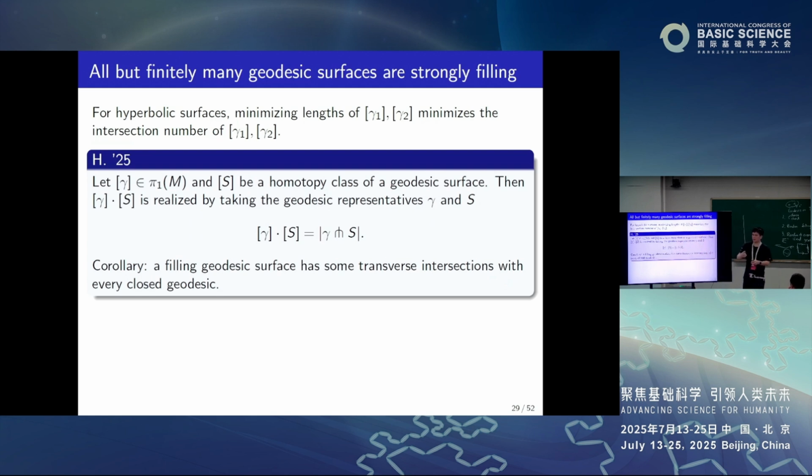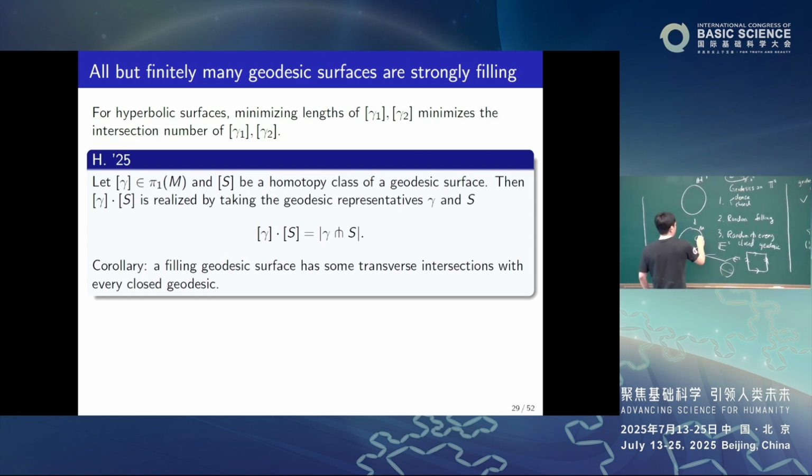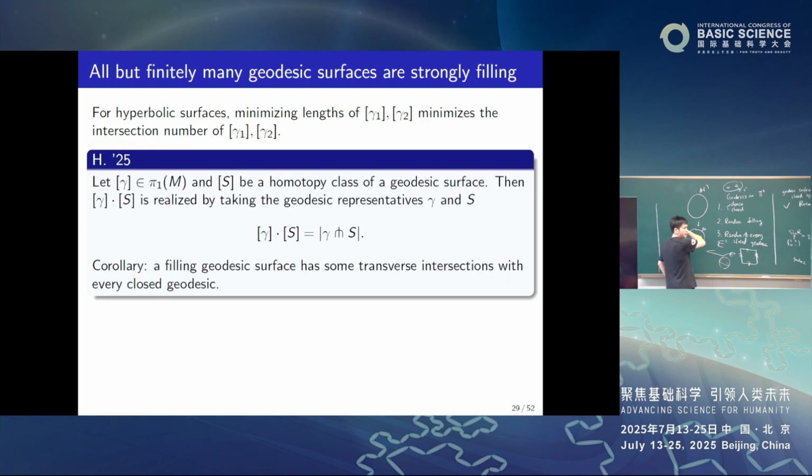The closed geodesic represents elements in pi 1. So I cannot have my closed geodesic supported entirely in the complement of my fitting geodesic surface. Right? Because otherwise I have a closed geodesic in a ball, and that's actually not possible. Because when you look at the universal cover, so this is H3, this is my manifold, you take any closed geodesic, when you lift to the universal cover, it becomes unbounded.